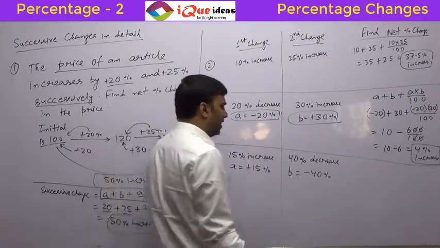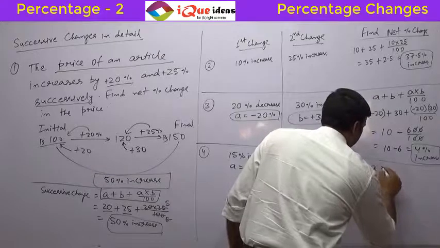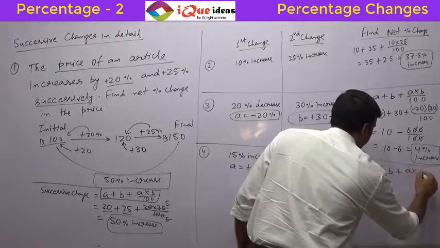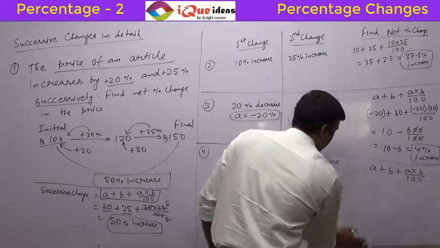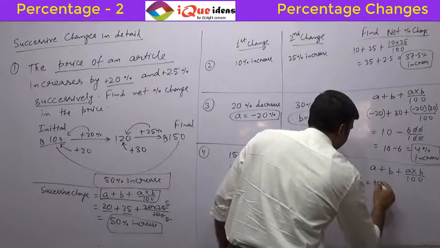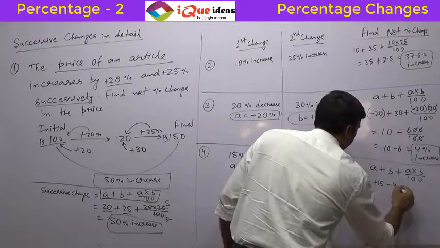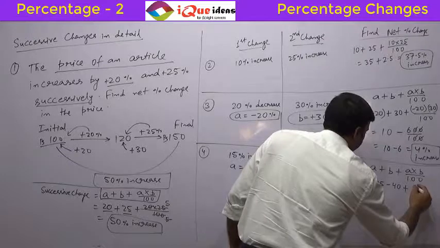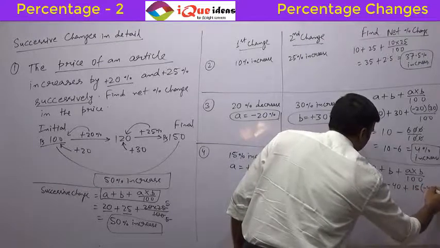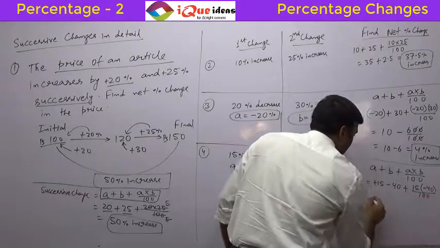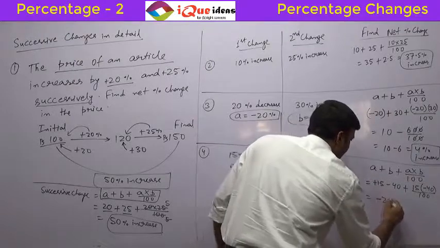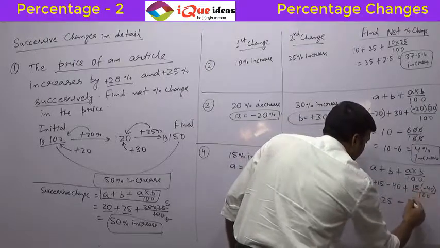You can directly calculate the net change as A plus B plus A into B divided by 100. So this becomes A as plus 15, B as minus 40, plus A as 15 into B as minus 40, divided by 100. So this becomes 15 minus 40 is minus 25, minus 15 into 40 is 600.